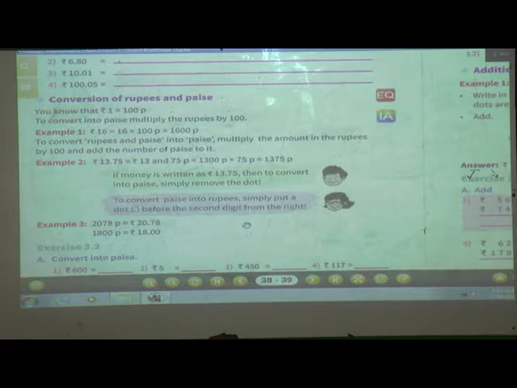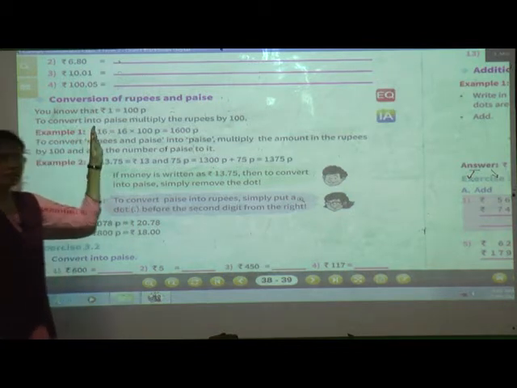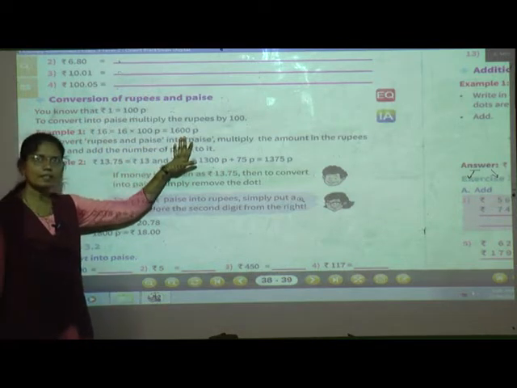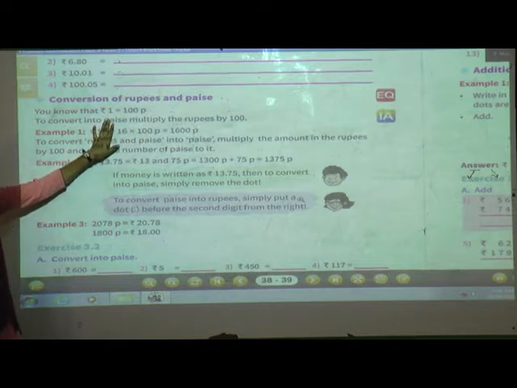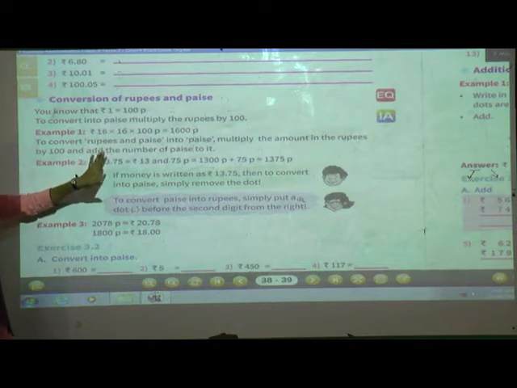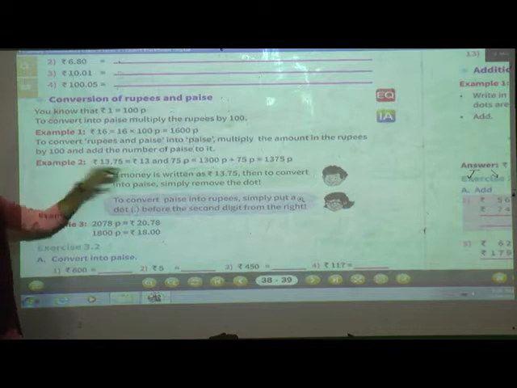But to convert rupees and paise into paise, multiply the amount in rupees by 100 and add the number of paise to it. Here you can easily convert 16 rupees into 1600 paise just by multiplying the rupees by 100. But suppose the value is given in rupees and paise.